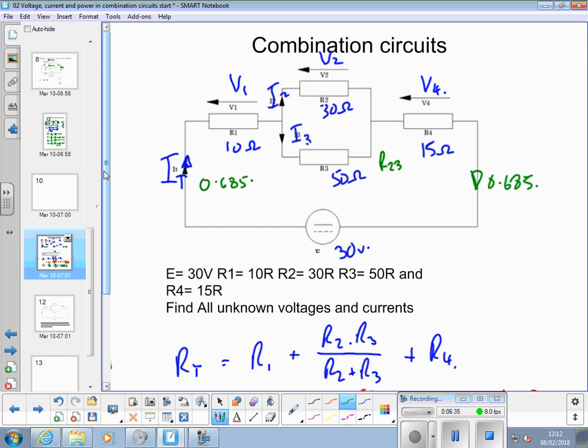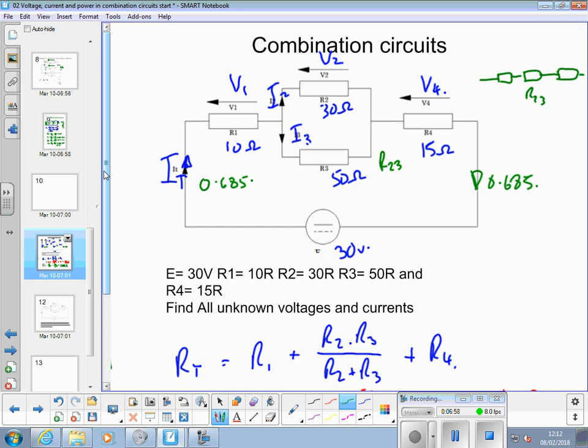If you want to find these two currents, that's got to be one. Remember, you could draw this circuit as three resistors in series, with that one being R23, the combination together.